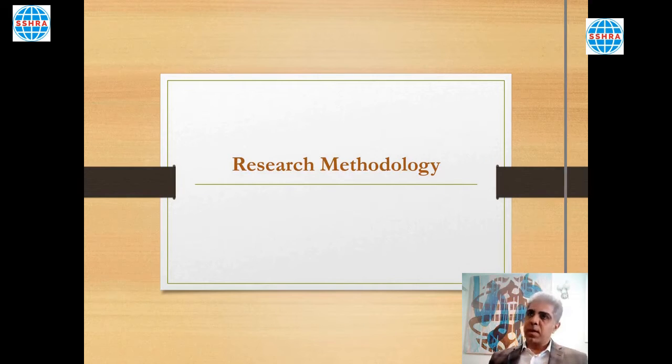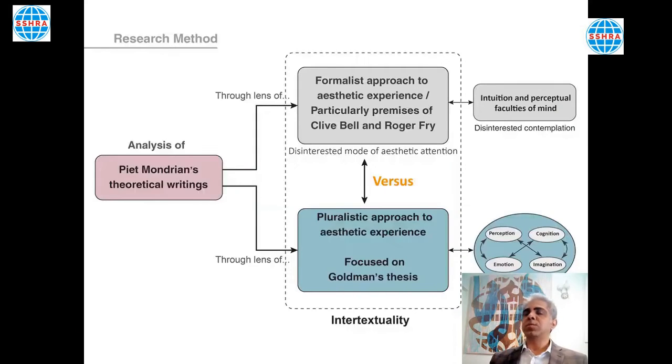So how do I approach the objective of my study? The research methodology: I analyze Piet Mondrian's theoretical writings, because Mondrian is not only a painter, he's a theoretician, and that's why I chose him. I analyze his writings using intertextuality, and through two different lenses.